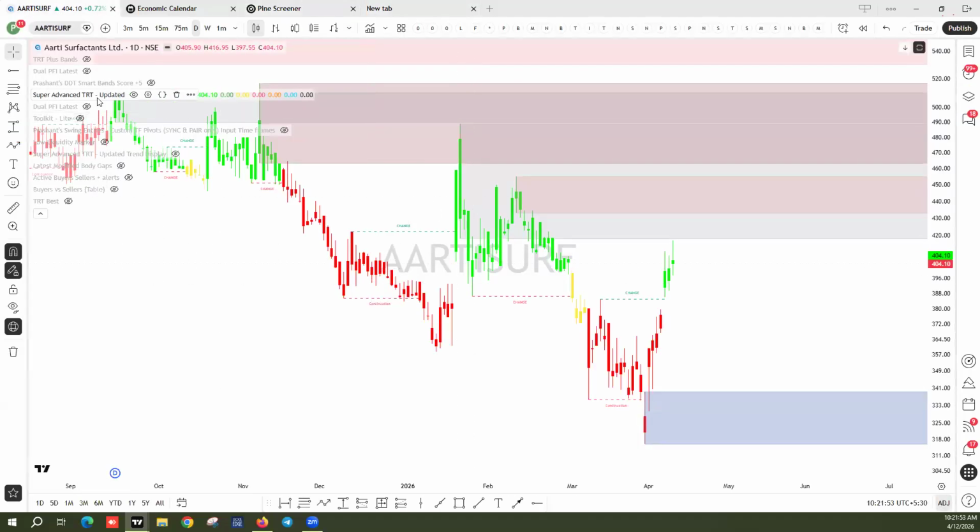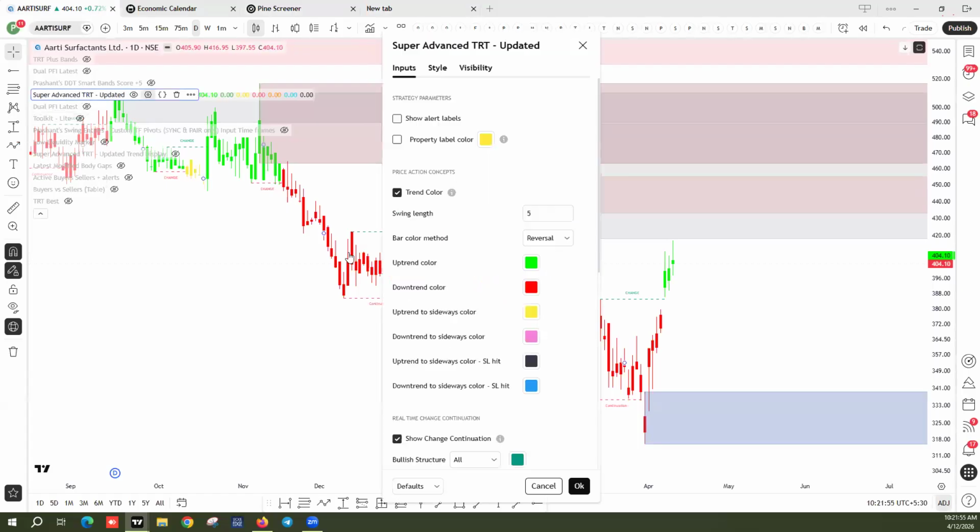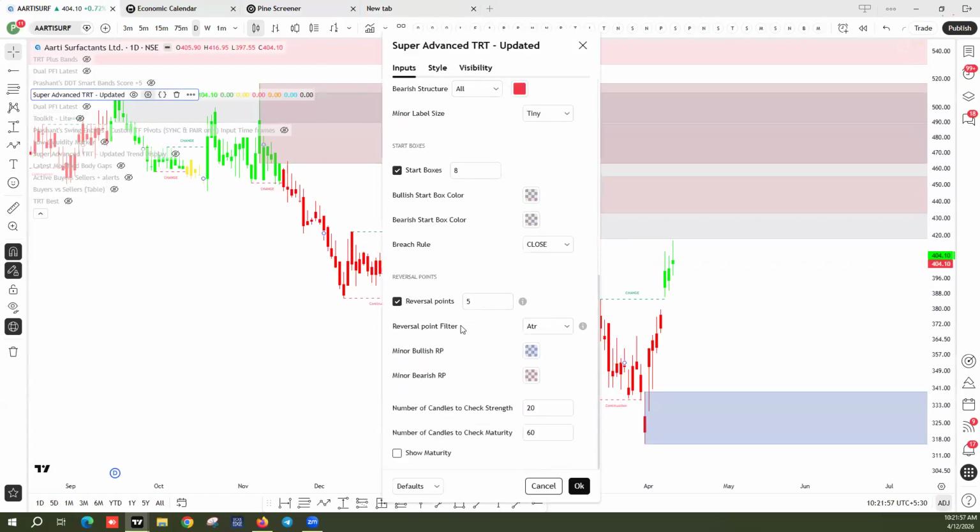So basically it is based on this super advanced TRT where we have trend maturity. So if I show trend maturity, fresh up, I screen for those stocks which are fresh up and it will show me the stocks which have turned green in the last n number of days.